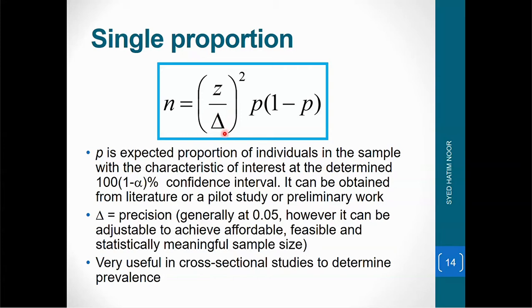Generally we set 0.05, but if your sample size is too big, you can set up to 10%. This is very useful in cross-sectional studies to determine the prevalence.